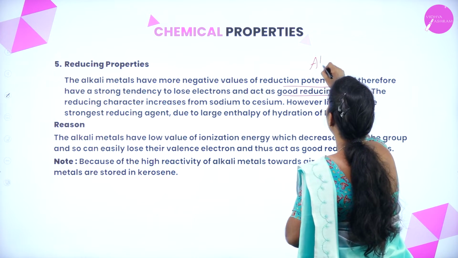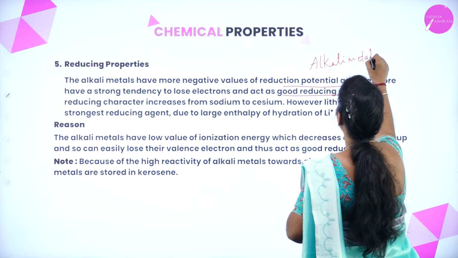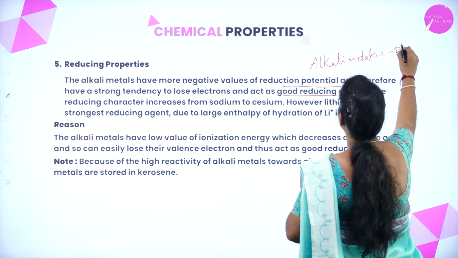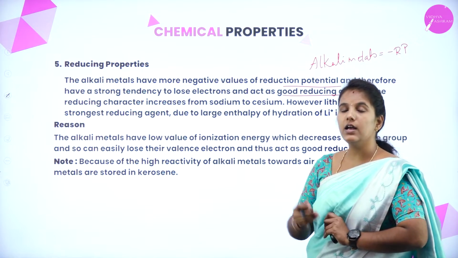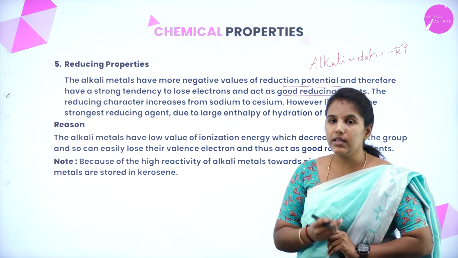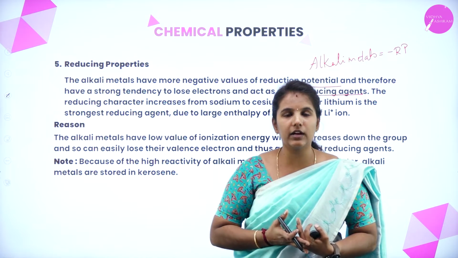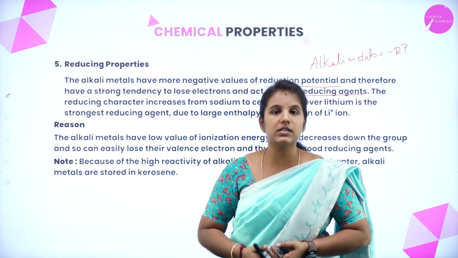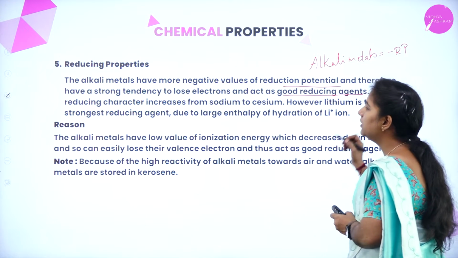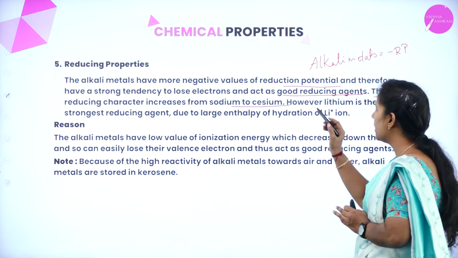All the alkali metals have a standard reduction potential that is negative. This indicates that they can easily lose their electron, hence they act as very good reducing agents. And the reducing character increases from sodium to cesium.